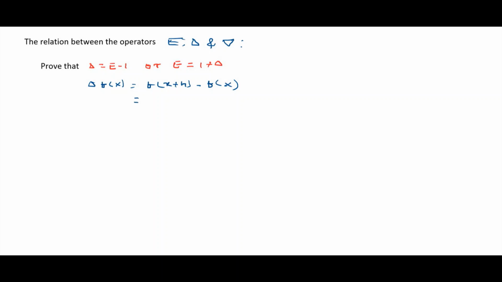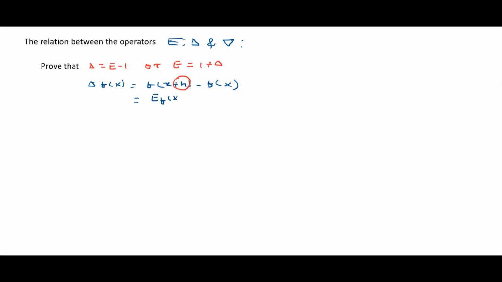To eliminate this plus h, by using the shifting operator, you can add E. So we can also write it as E of f of x.